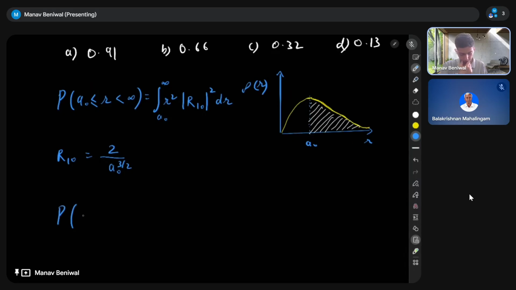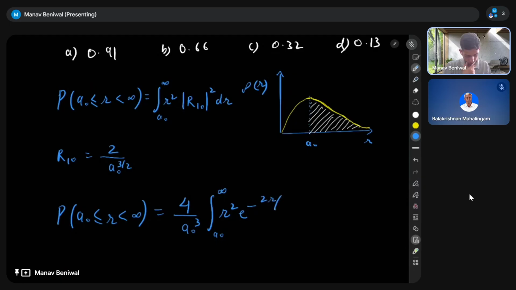Therefore, our probability becomes 4 by a naught cube, integral a naught to infinity r squared e to the minus 2r by a naught dr. Okay, so this is what we have now.